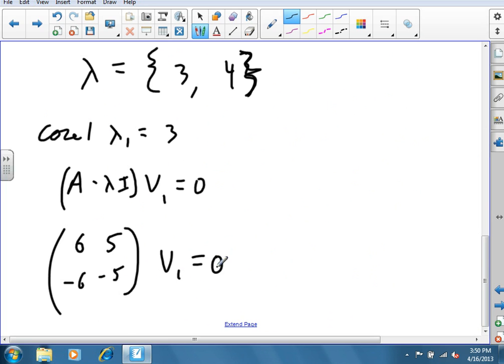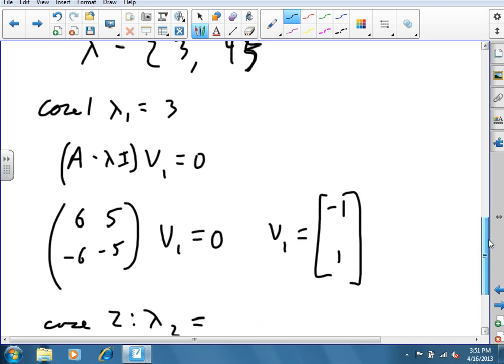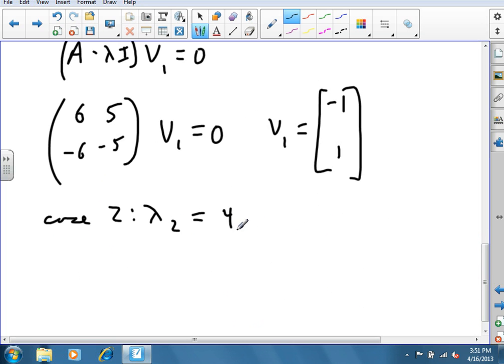V1 has to be 0. Well, I'm going to pick minus 1, 1. What do you think? Looks good to me. Okay, case 2. Lambda 2 is equal to 4.